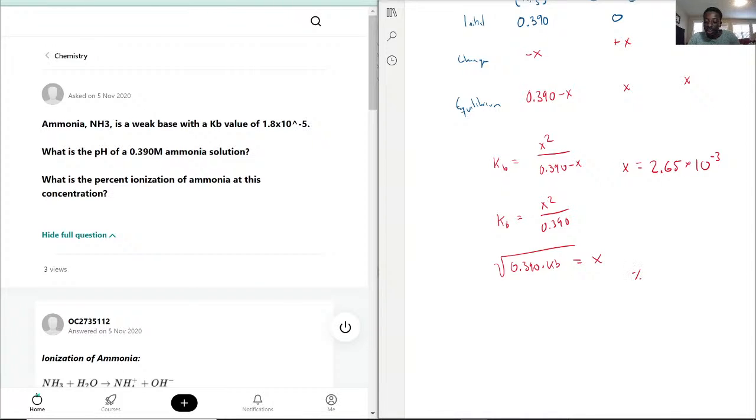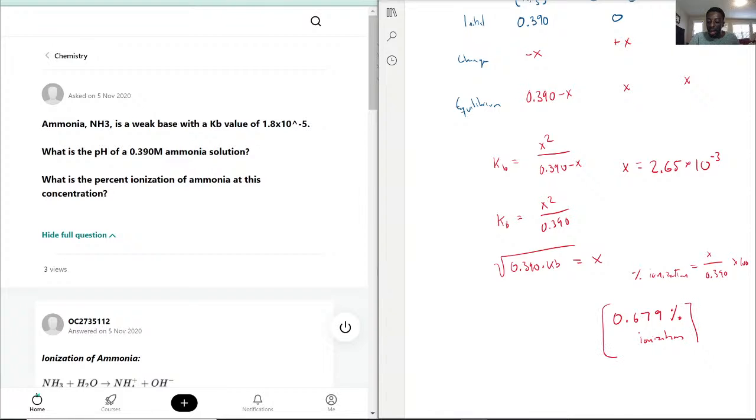So our percent ionization would be x over that 0.390, the total we have, divided by 0.390. Then you should get our percent ionization times 100. So just add that. Okay, times 100, and we actually get 0.679% ionization.